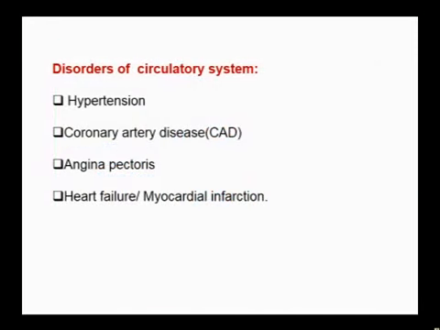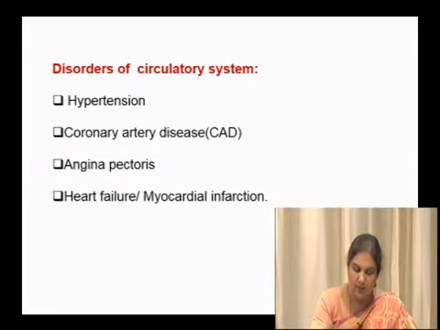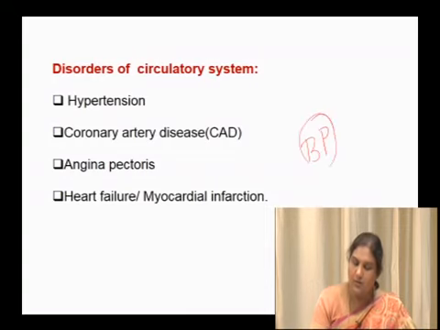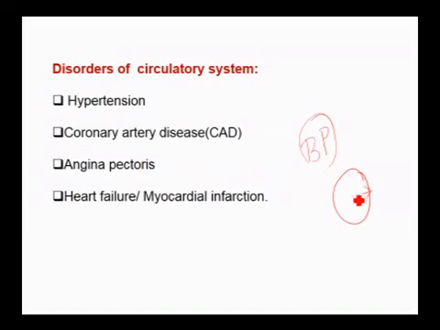Disorders of the circulatory system: hypertension, coronary arterial disease, angina pectoris, heart failure or myocardial infarction. Blood pressure is very much necessary to see to it that there is distribution of the nutrients as well as the oxygen. It is nothing but a lateral pressure exerted by the blood on the walls of the arteries.